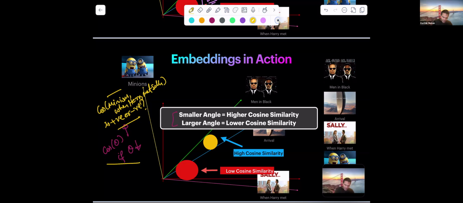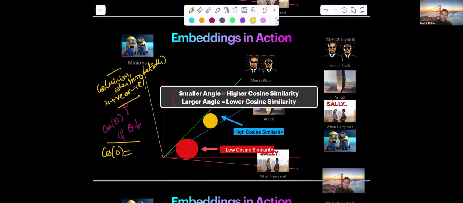So let's get some basics covered. What is cosine of 0? Don't ask ChatGPT on this. Cosine of 0 is 1, right? That means the two movies are exactly aligned in the same direction.